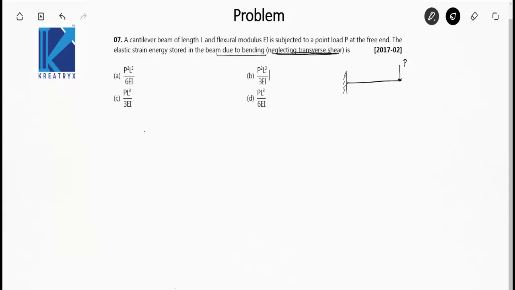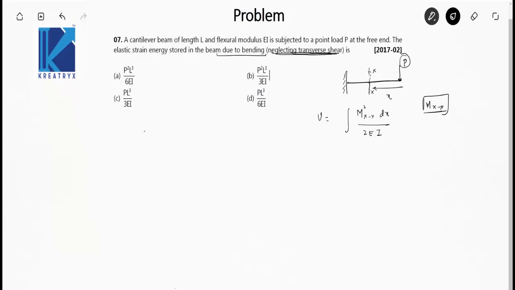Okay, and we know that, let the cross section XX be at a distance x from the free end, the strain energy is actually written as M square xx dx by 2EI, where Mxx is the moment due to this load at the cross section XX.